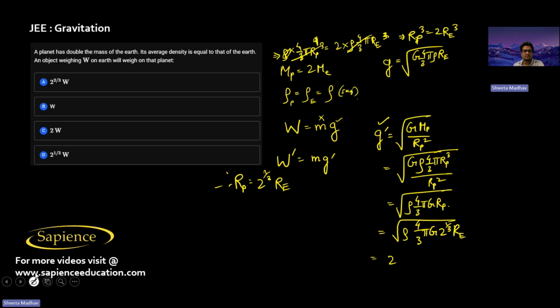Sorry, this is wrong. It's not a square root from there. It is GM by r square.